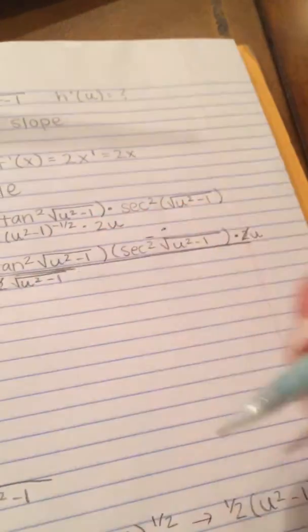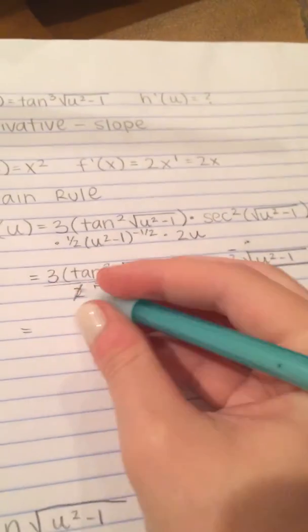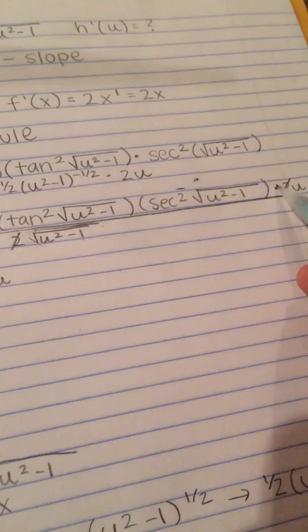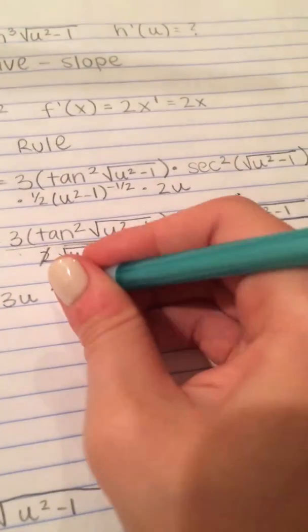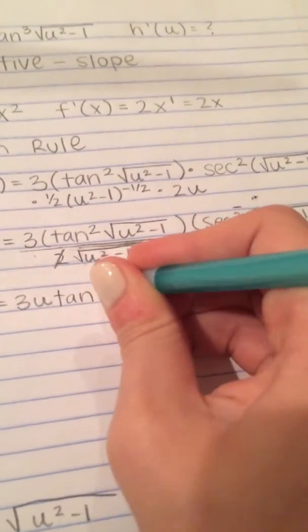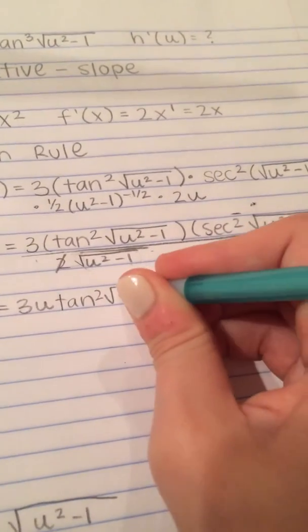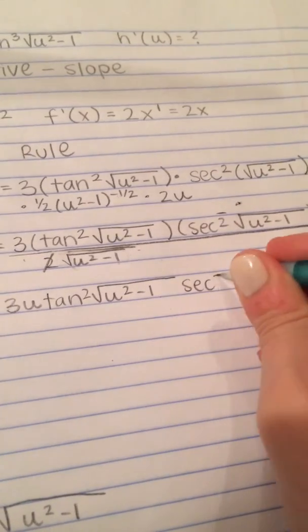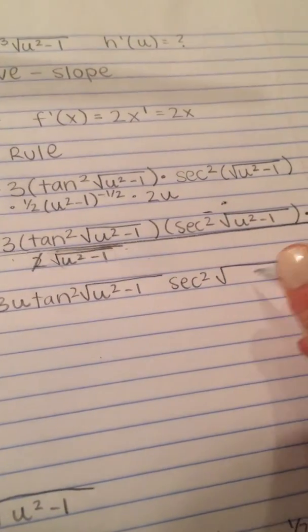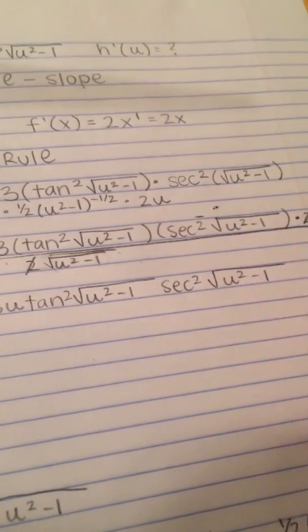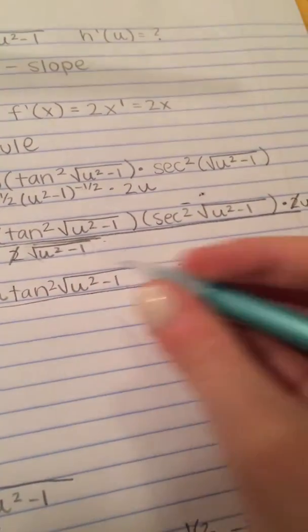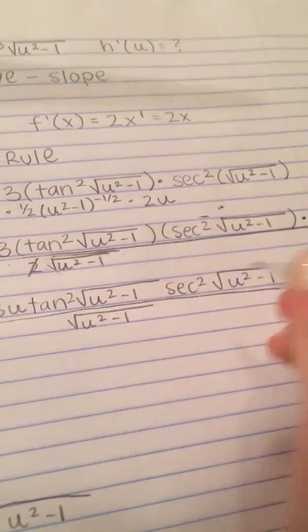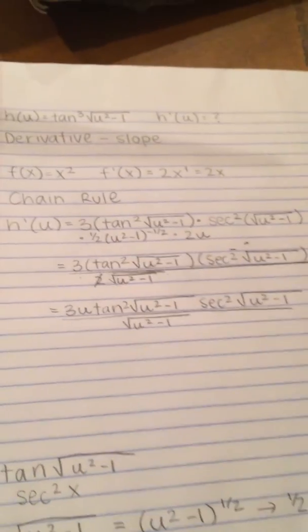And so the final simplification is 3u, because 3 is here and u's over here, times tangent squared of the square root of u squared minus 1, times secant squared of the square root of u squared minus 1, all over the square root of u squared minus 1. Hope that made sense.